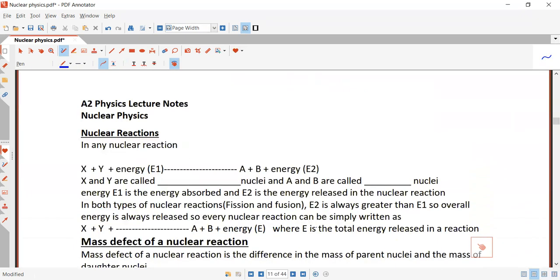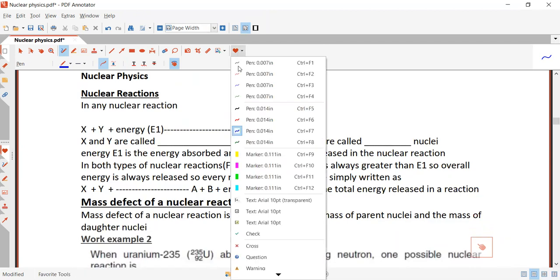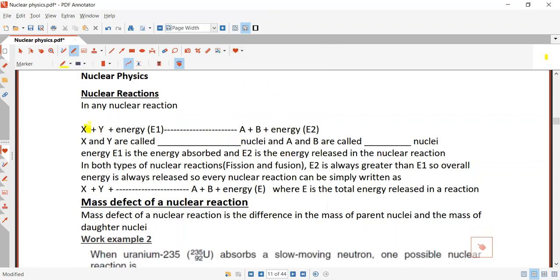Okay. Now let's talk about nuclear reactions. In any nuclear reaction, let's say we have these elements, X and Y, the parent nuclei, and they give us A plus B, which are the daughter nuclei, right? So X and Y are called parent nuclei, and A and B are called the daughter nuclei, right?